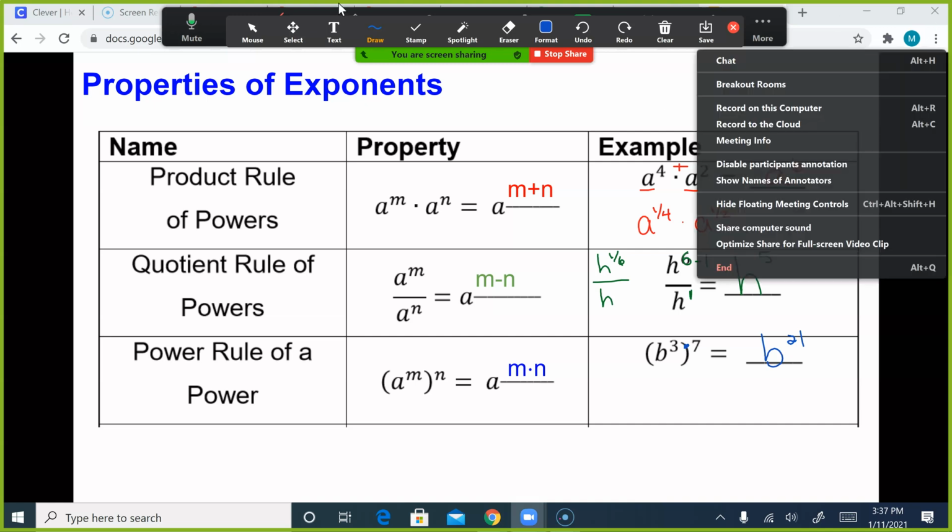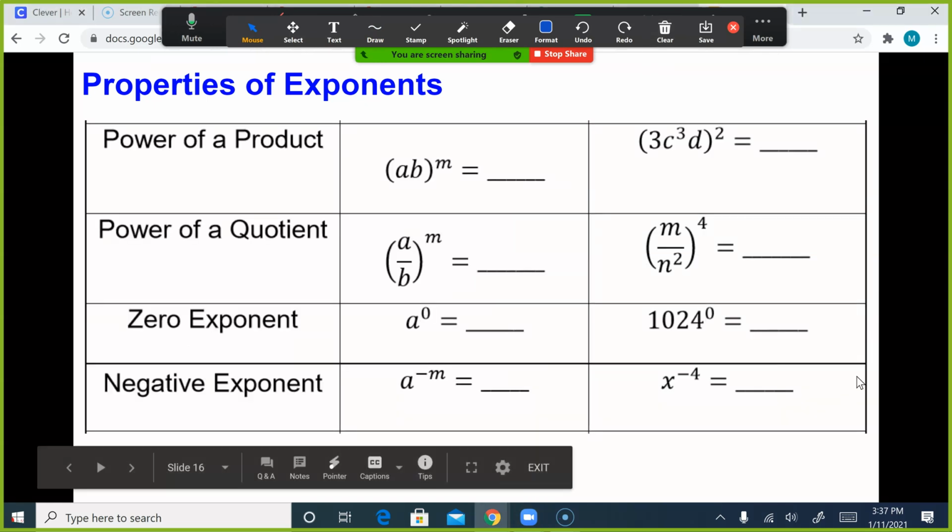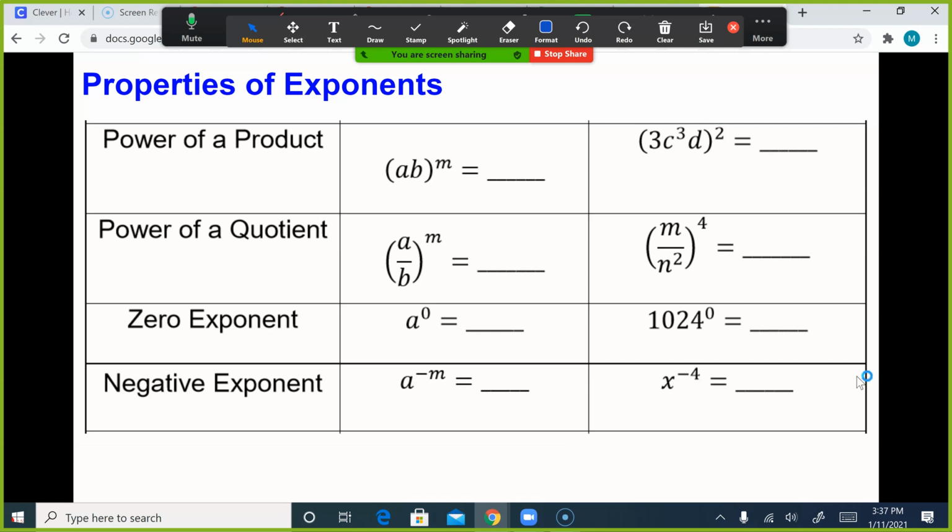But then we have some other ones that we have to use as well. Alright, so then the power of a product and a quotient, these are the ones where it's kind of like distributing. Not exactly distributing, but kind of.